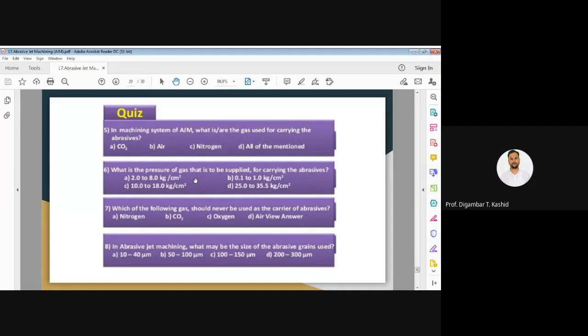The next question: what is the pressure of the gas that is to be supplied for carrying the abrasive? Okay, in the last lecture I was telling about this statistic, which I am telling now. I have taken it from the advanced machining book, so just remember that statistic. Here 2 to 8 kg per centimeter square is the answer. What will be your probable answer or prediction? Tell me. A, B, C, D. Just see on the screen and tell me the answer.